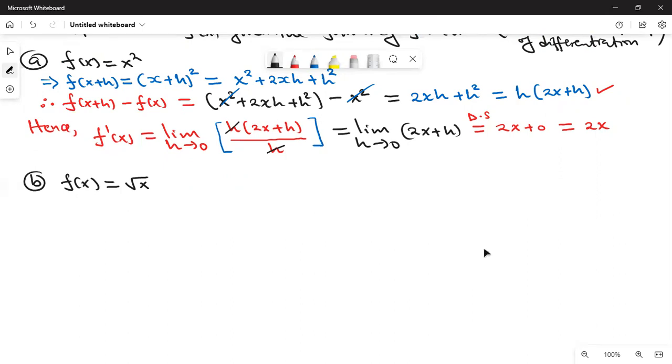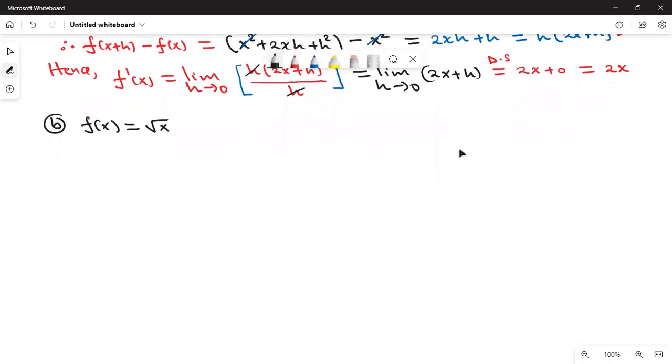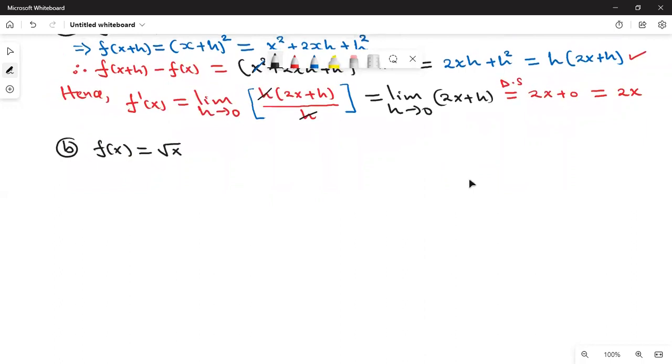So here, let us find f of x plus h. We need to find f of x plus h. So we write this implies that f of x plus h is the same as the square root of x plus h.